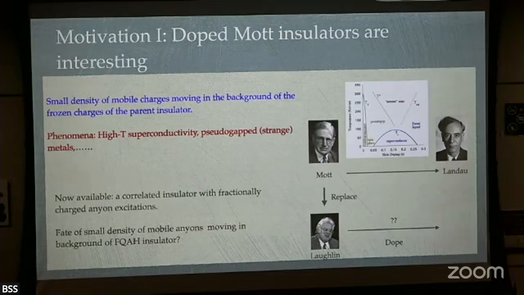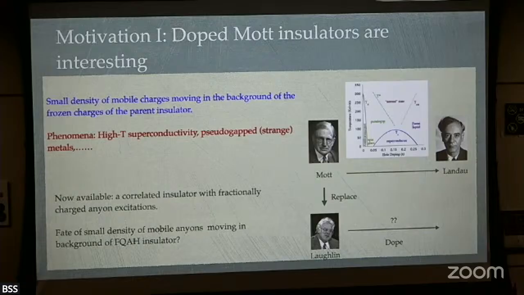So the first motivation is that doping correlated insulators is a cool thing to do in condensed matter physics. Right? There's this famous story, which we've been hearing about from Steve, cuprates, doping Mott insulators. At low doping, the problem is that of a small density of mobile charges that moves in the background of the frozen charges of the Mott insulator, right?